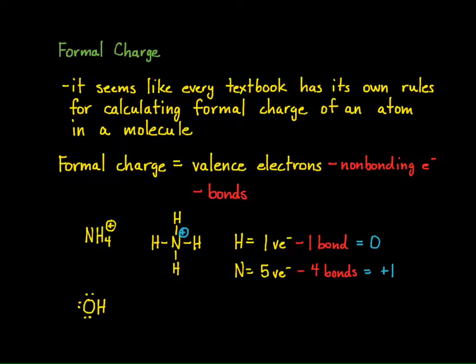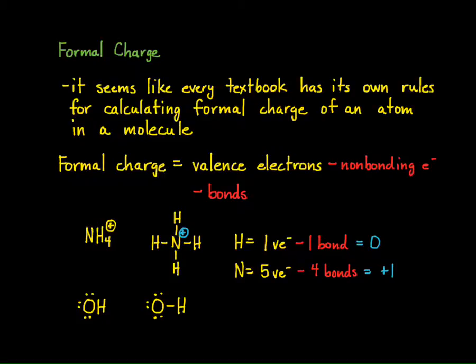Well, again, I have to understand the Lewis structure. So that oxygen is bound to hydrogen, so we can draw a bond, right? A bond line between oxygen and hydrogen. And of course, I'm going to draw all of the 6 electrons around that oxygen.